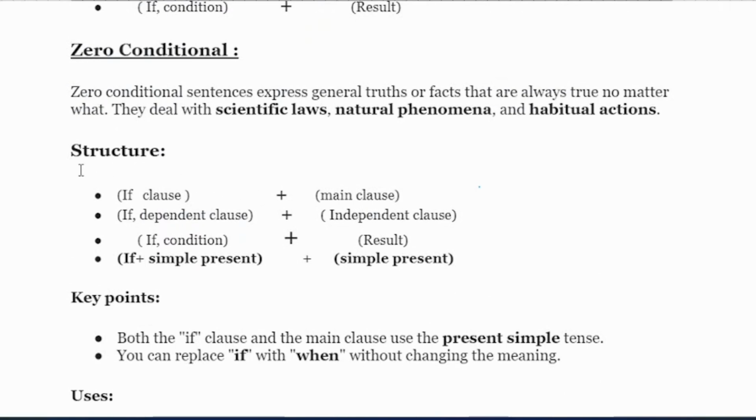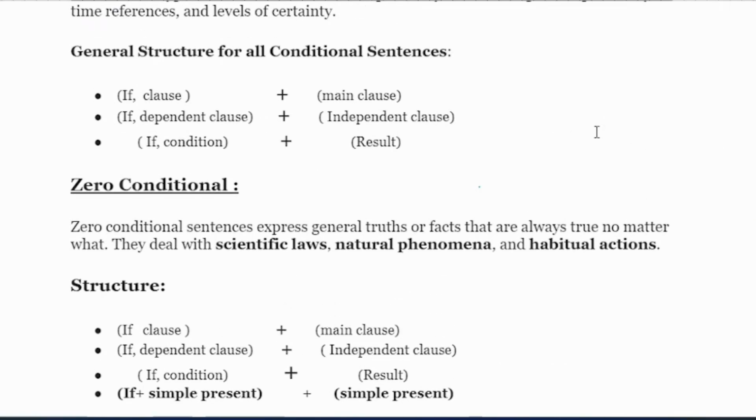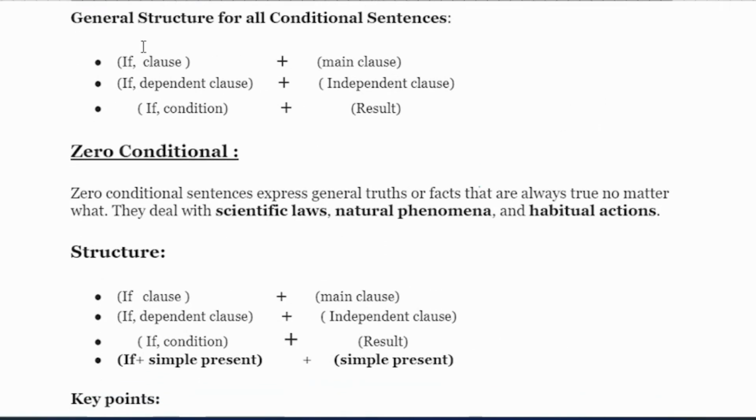So the structure of the zero conditional sentence. We have learned the general structure: if clause, main clause. So what is new in this?